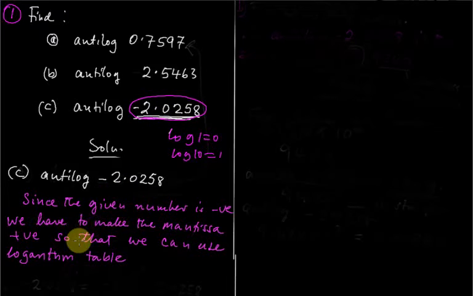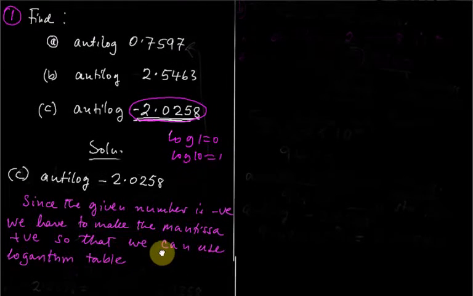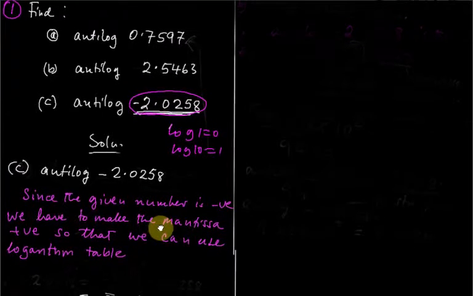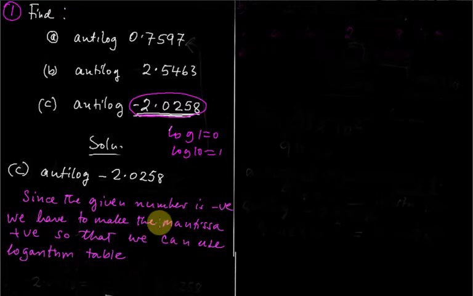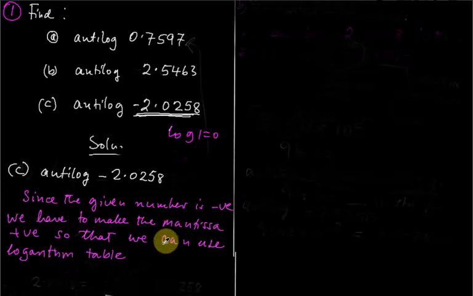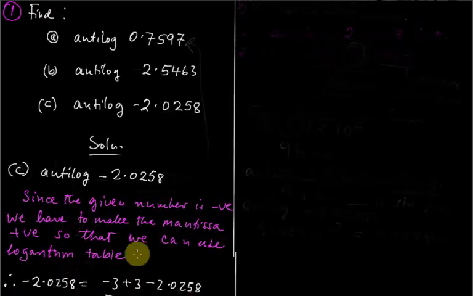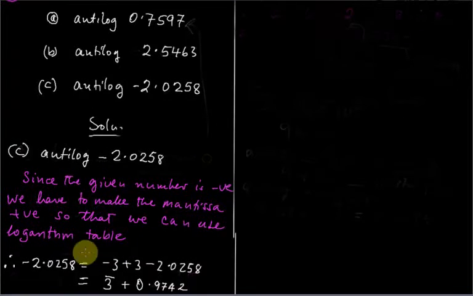So if that is the case, then we have to make the mantissa positive. We are going to see how we can do that. We have to do some arrangement so that -2.0258 is the same as -3. We go down one step.